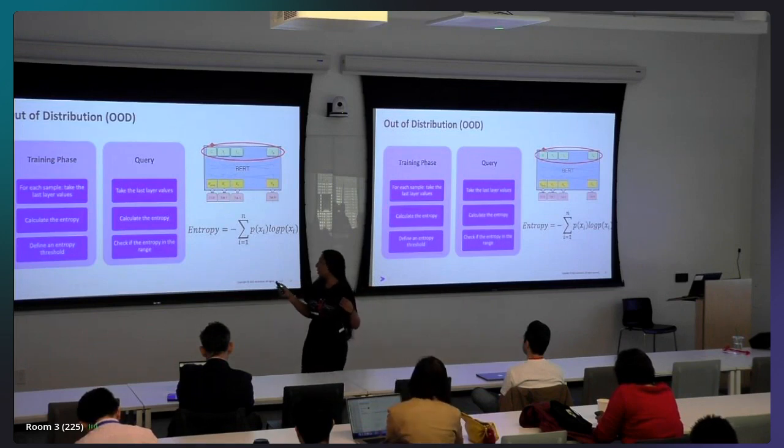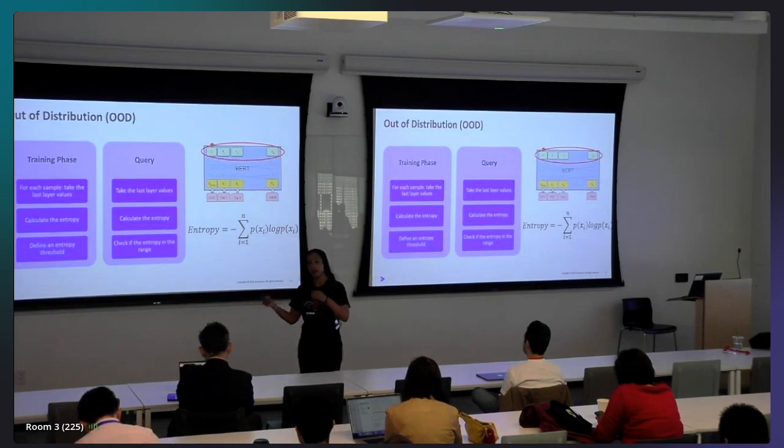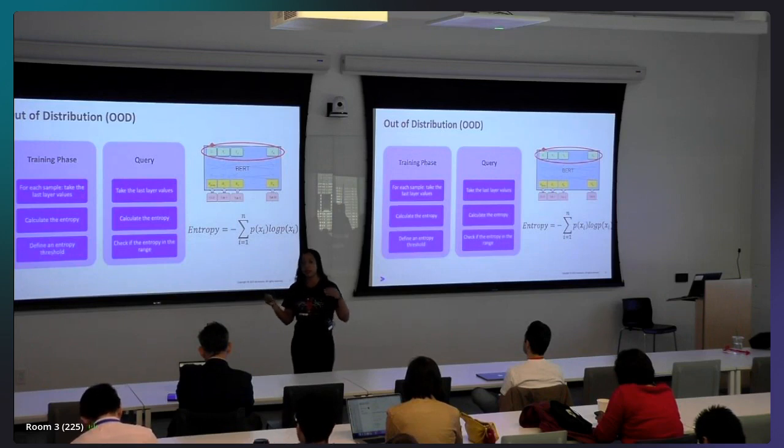So we know that all the samples of our data set are related to a specific class. This is how we define the entropy threshold. We know that if something is above it, it doesn't relate. Okay, got it. Great.